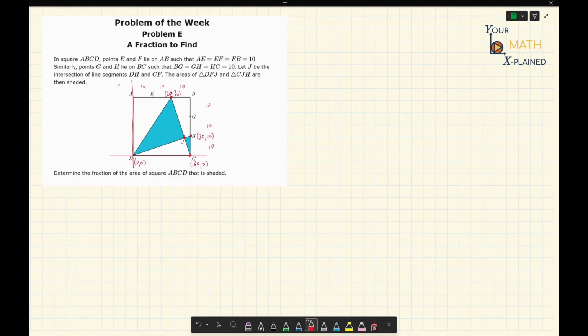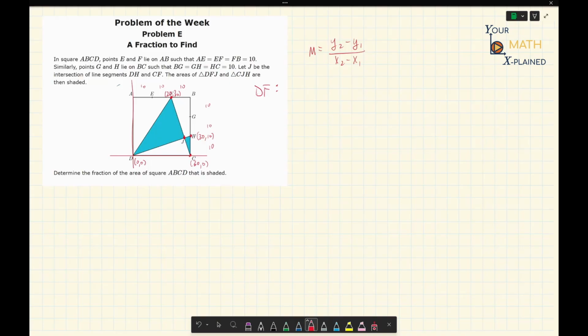If I'm trying to find coordinate J, it probably is a good idea for me to figure out the equation of the lines. So I'm going to start with DF. And when I look at that, I see 0, 0 to 20, 30. So one of the tools that I'm going to rely on is going to be our slope formula, which is y2 minus y1 over x2 minus x1. This will quickly allow me to find the slope of each line.